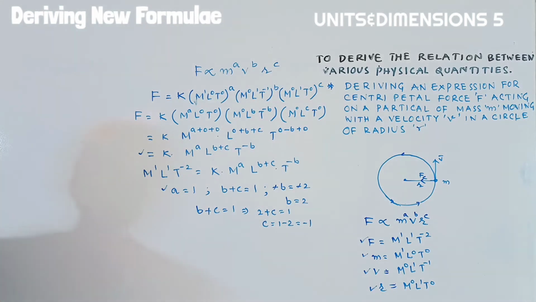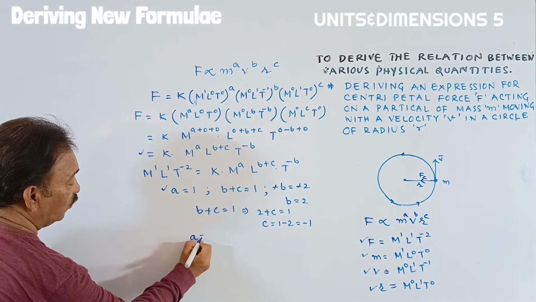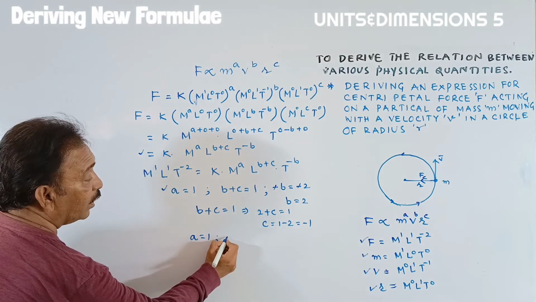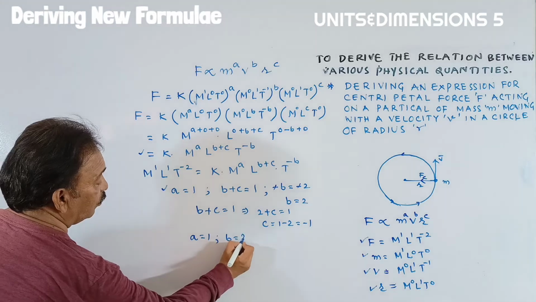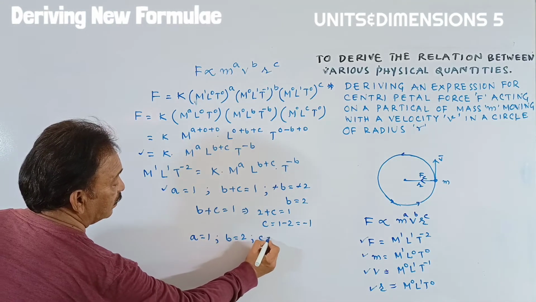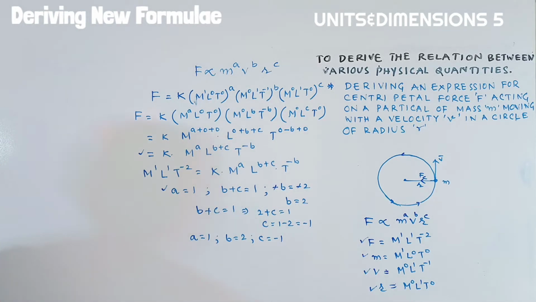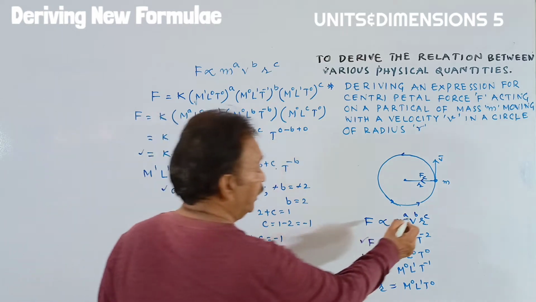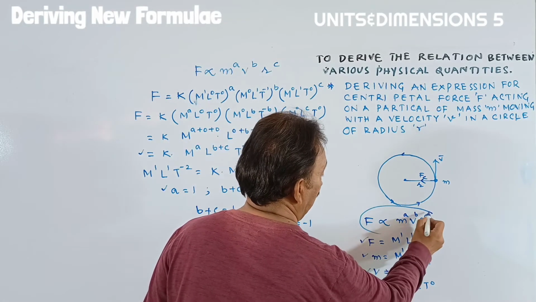Okay, students, and we had a as 1, b as 2 and c as minus 1. Now we are substituting all these values in the given relation.